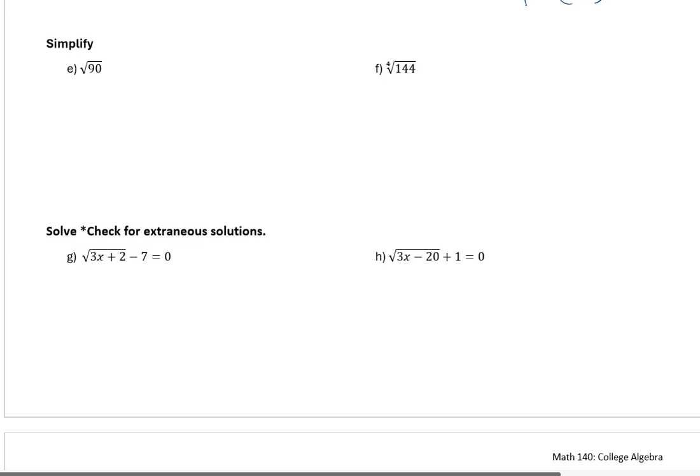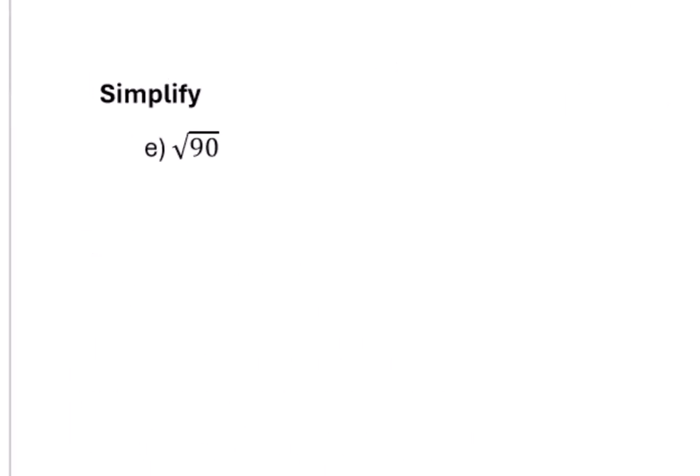Now, sometimes we will have some roots that are not perfect squares or perfect cube roots. For example, in E, we are asked to simplify the square root of 90. There are two ways we can do this.